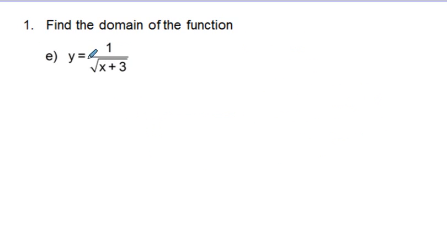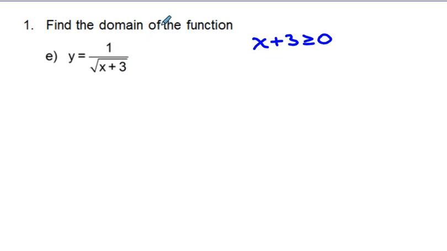Okay, here we have E. We have 1 over the square root of quantity x plus 3, and for a square root, do we put in x plus 3 is going to be greater than or equal to 0? Does that seem right?